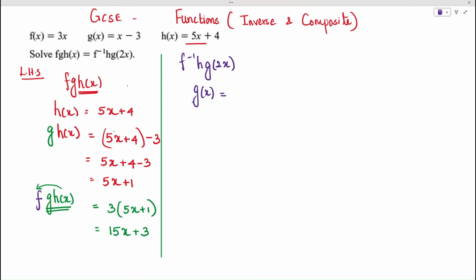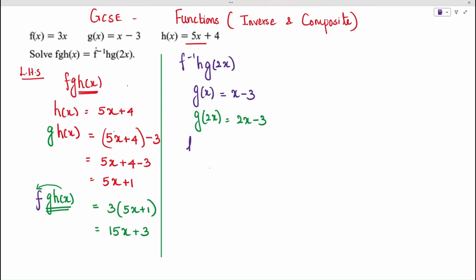And this is equal to x minus 3. Now we will do g of 2x. And g of 2x is equal to 2x minus 3. So our 2x here has just been substituted in the place of our x.